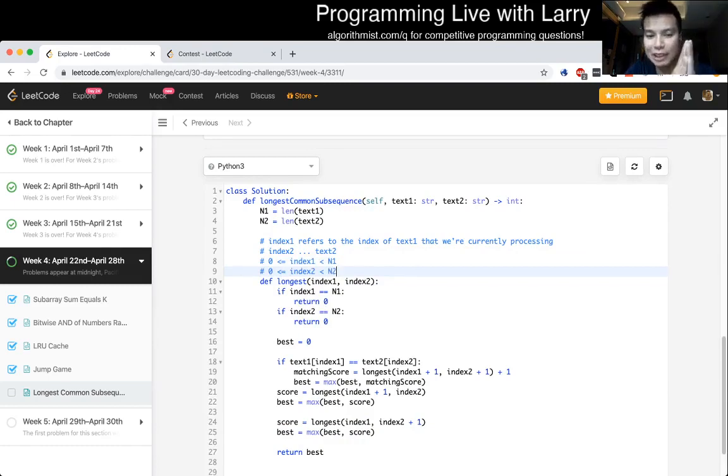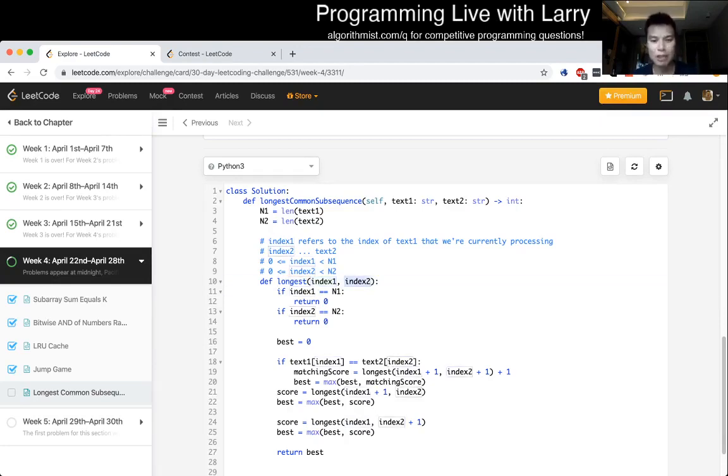If you count them as dimensions, there are n1 possibilities for index 1 and n2 possibilities for index 2.